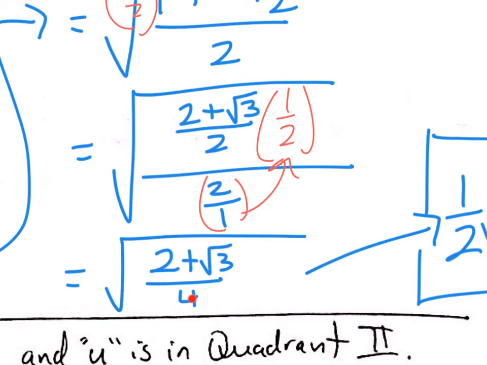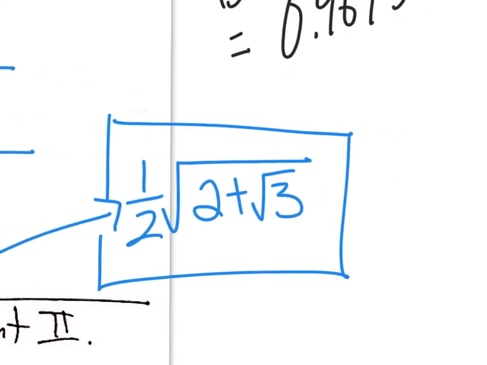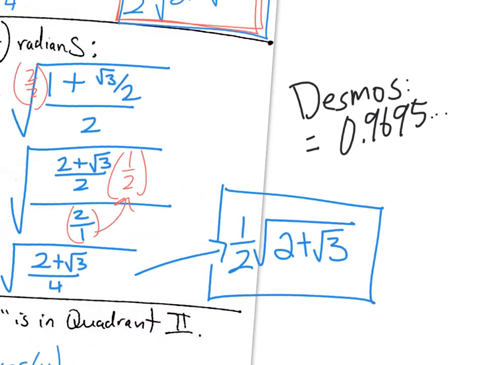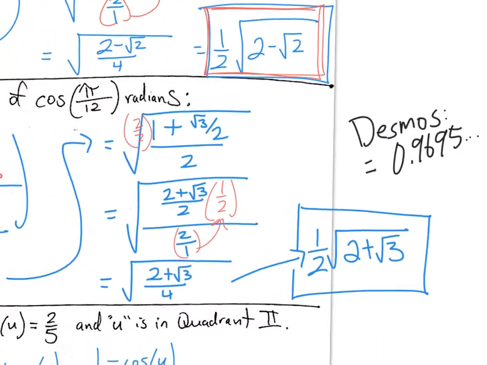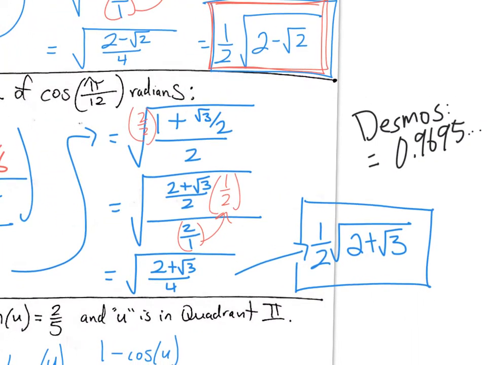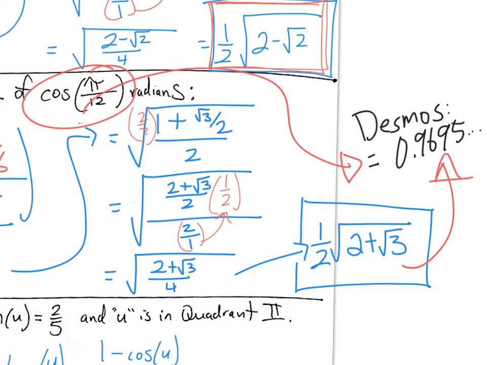So again, square root of 4, the 2 comes out, and it'd be 1 over 2 right here, yielding this, and I checked in Desmos, and Desmos tells us that this is that, and it tells us that this is that. So we can pat ourselves on the back. Good work.